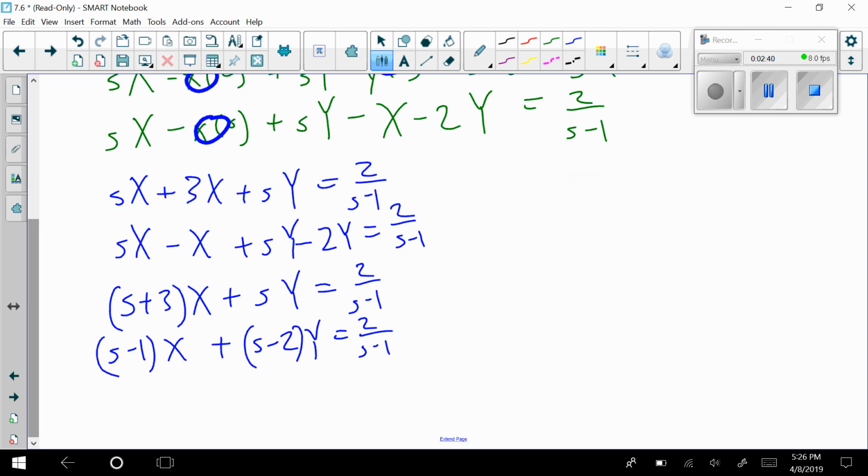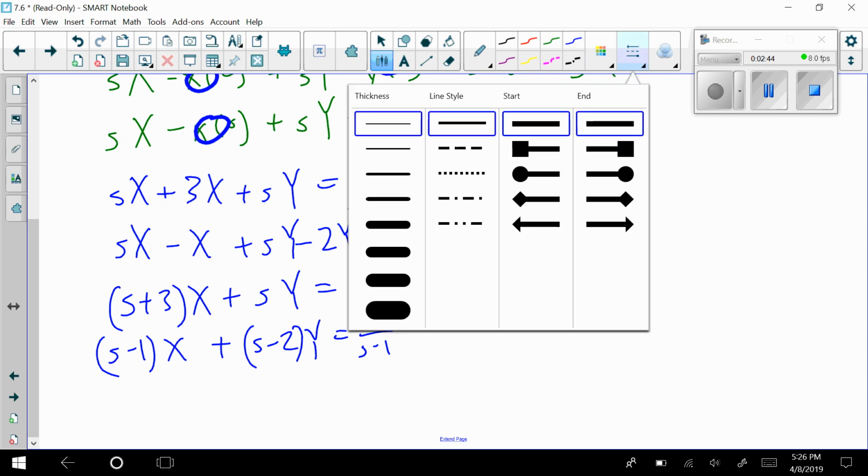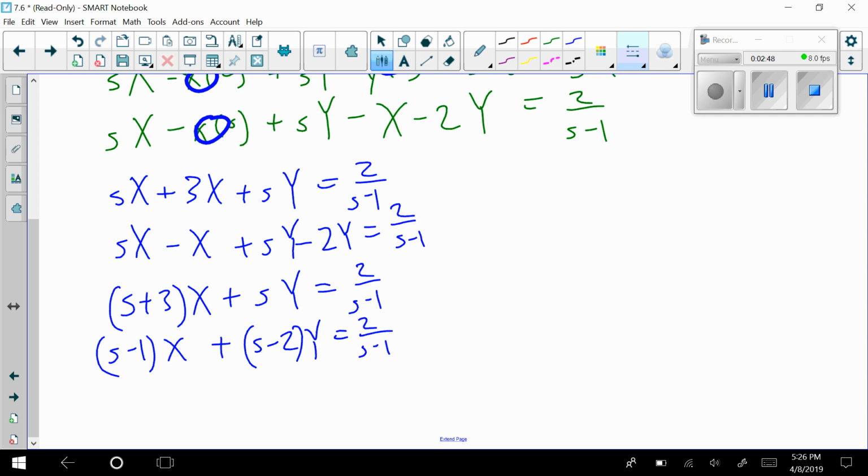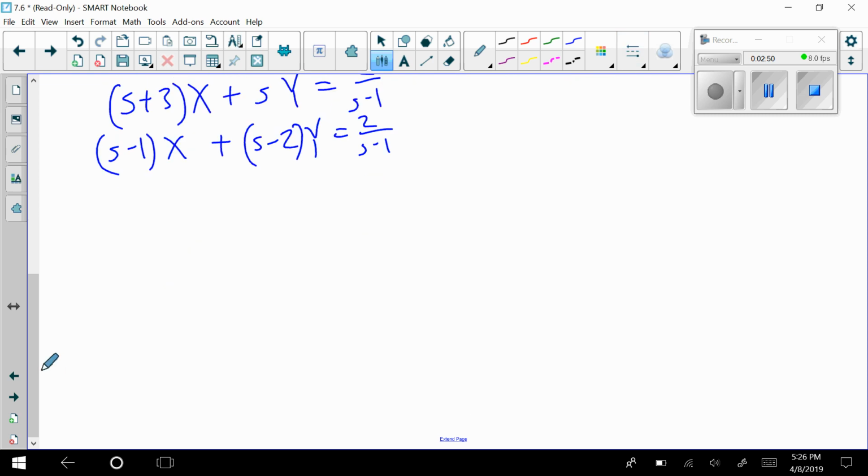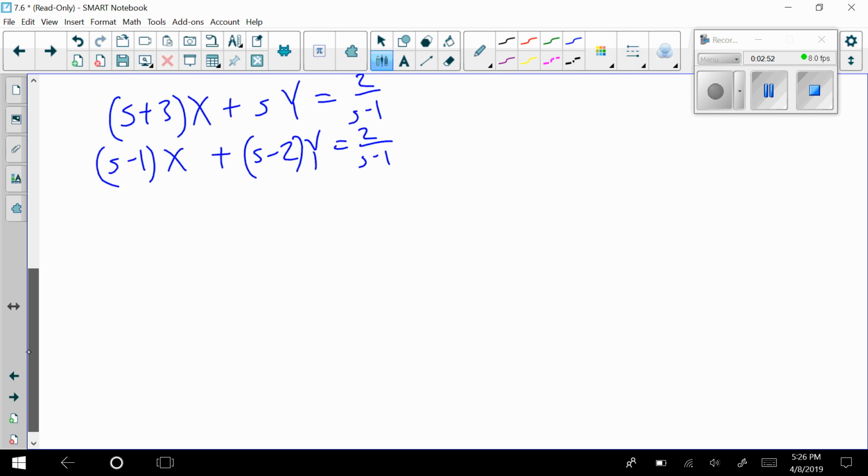Okay, and when we get to here, same type of things we've been doing, guys. We have to find a way to eliminate something in these two equations. Looking at it, I think the y's actually look a little bit easier.